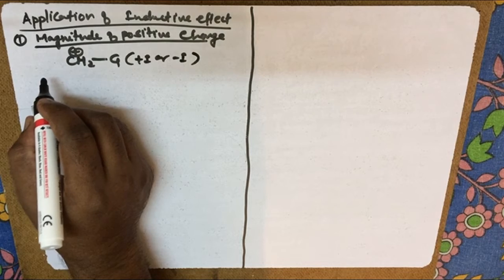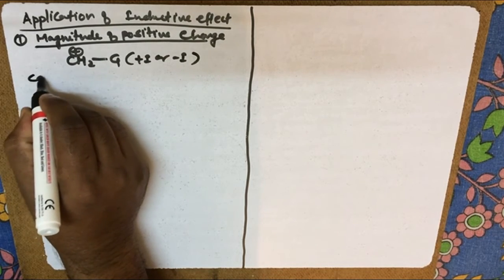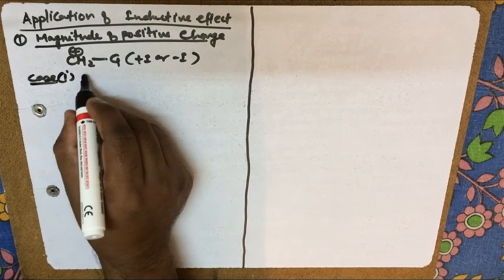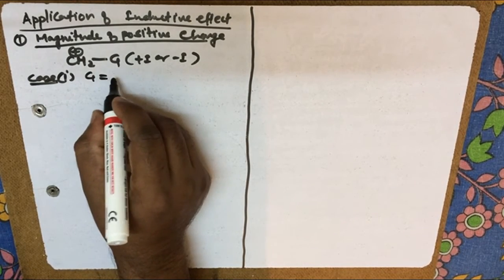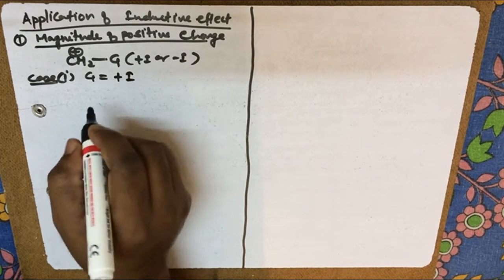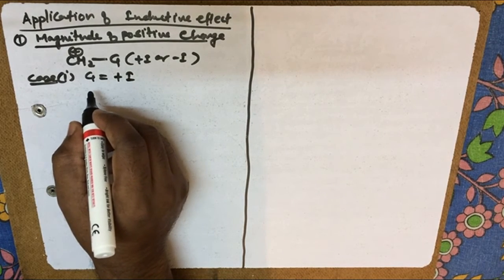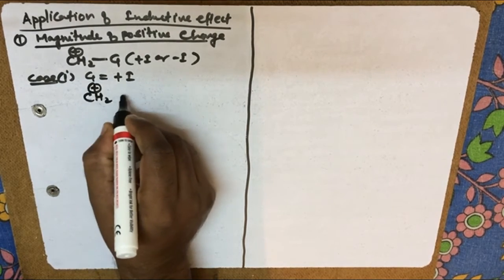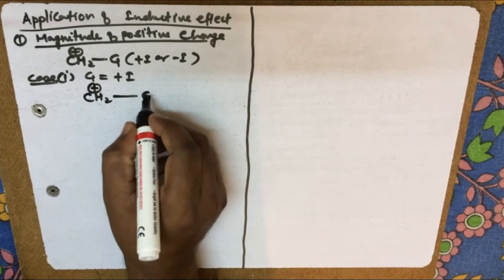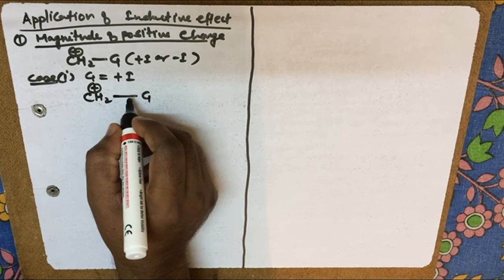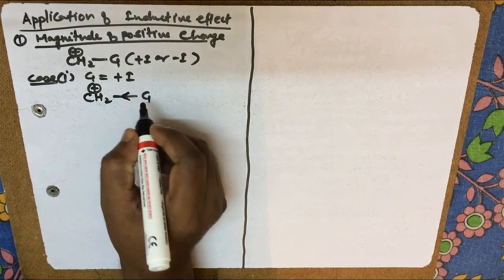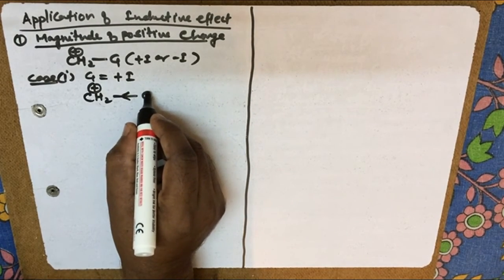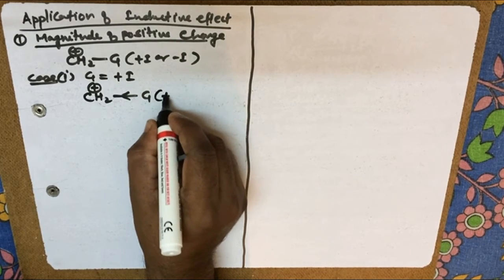So if we consider case 1, if we took G as plus I, then what will be the meaning? G plus I means it will donate electrons.